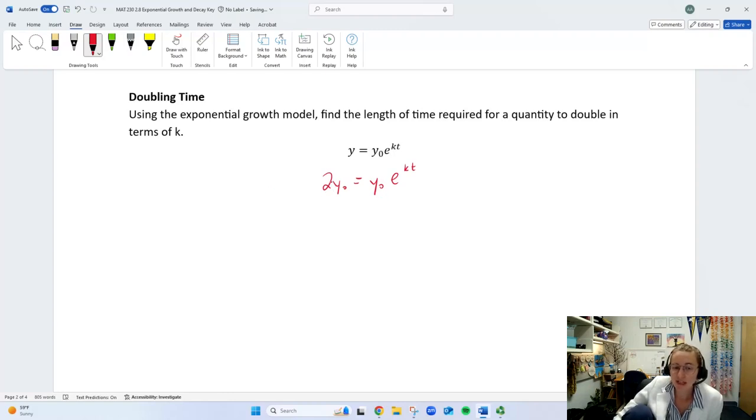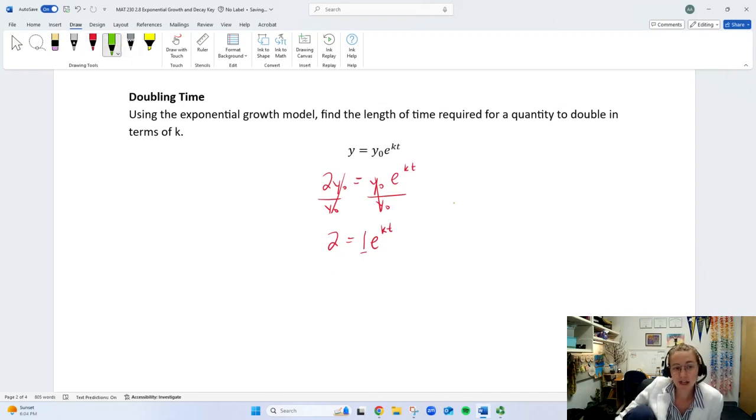And if this was 10, then this would be 20, and I would divide by that number. And the same exact thing happens here: I am looking for my double time, which means it doesn't really matter what my start value is. I'm looking for when this e to the kt actually doubles or becomes 2. If there's kind of an invisible 1 right here, it's when that 1 is doubling to a 2.